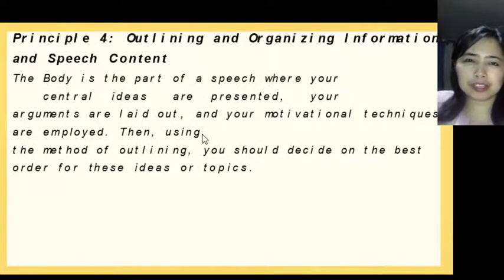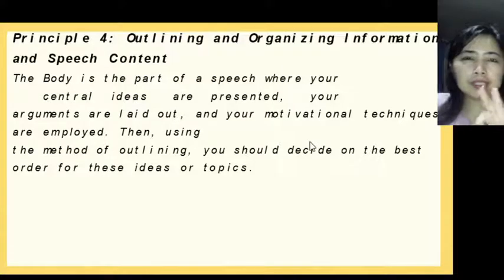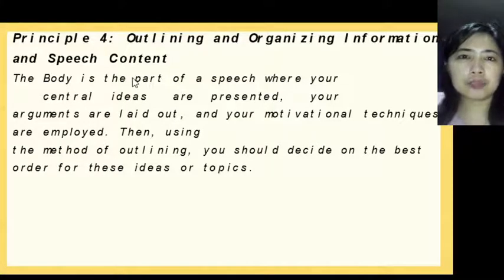That's for principle 3. Principle 4: outlining and organizing information and speech content. The body is the part of the speech where your central ideas are presented. In writing our speech, the very basics are the introduction, the body, and the conclusion. It is suggested here that you can actually start writing from the body.